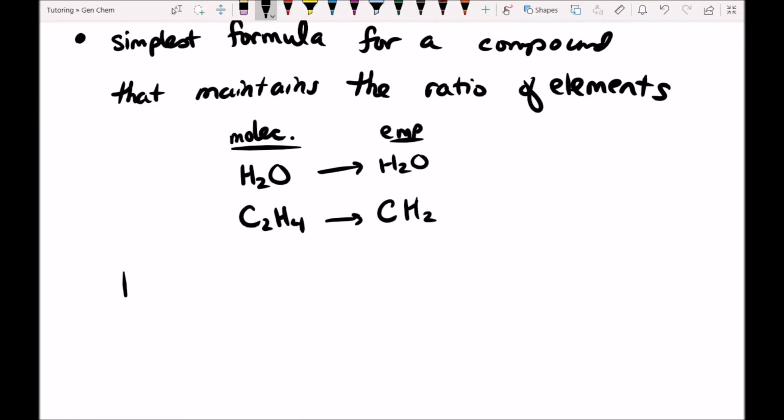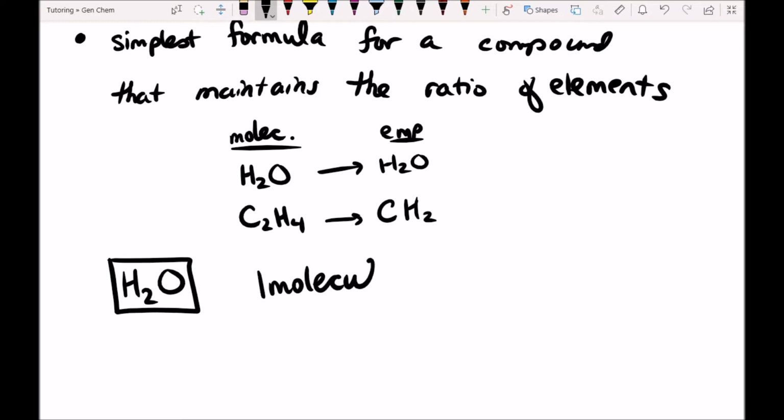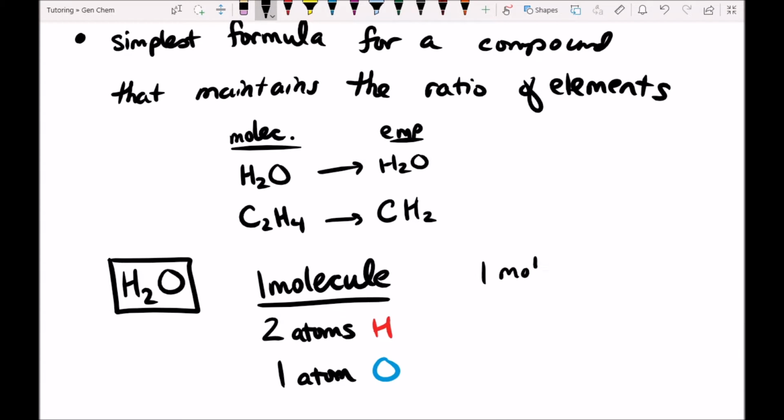So let's look a little closer at H2O. Let's say we have one molecule of H2O. That means we have 2 atoms of hydrogen and 1 atom of oxygen. Similarly, let's say we had 1 mole of water.